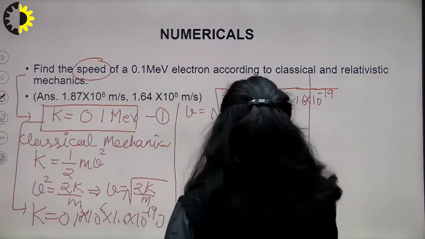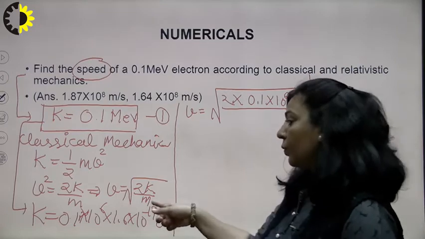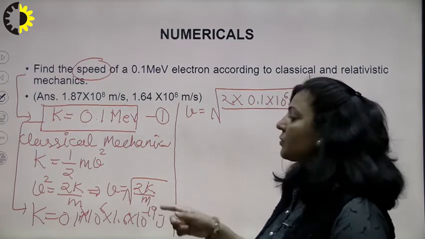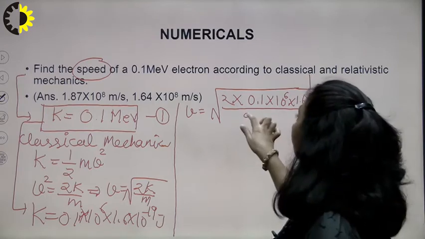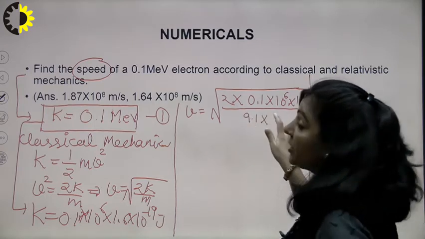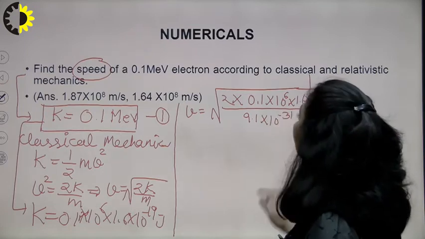So 2 into kinetic energy upon m. In classical mechanics, this mass is always the rest mass of the particle, and the rest mass of an electron is 9.1 into 10 raised to power minus 31 kg.